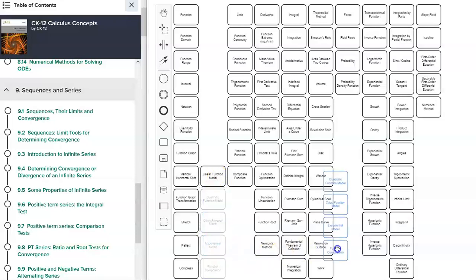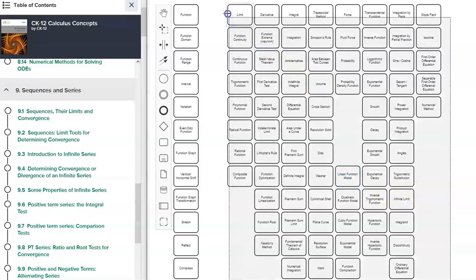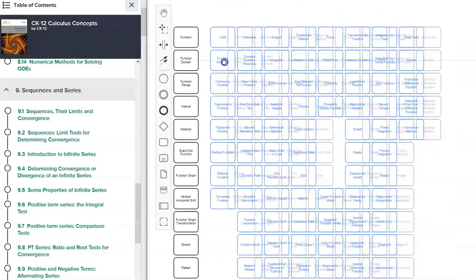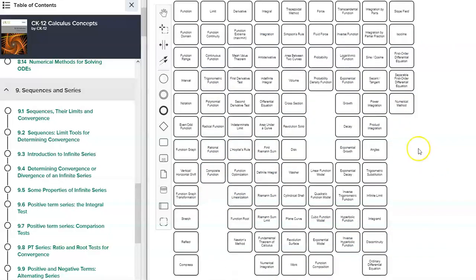Let's go ahead and move these guys over here, including this linear function model. There we go. Now we're back in business.